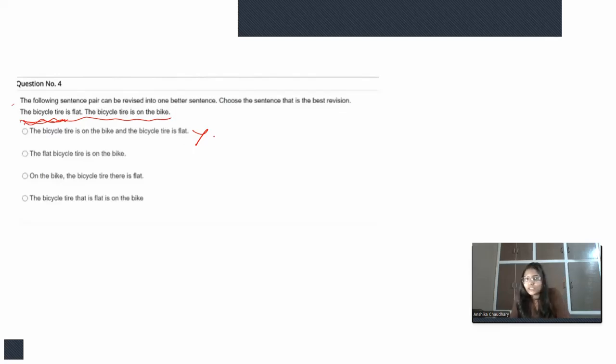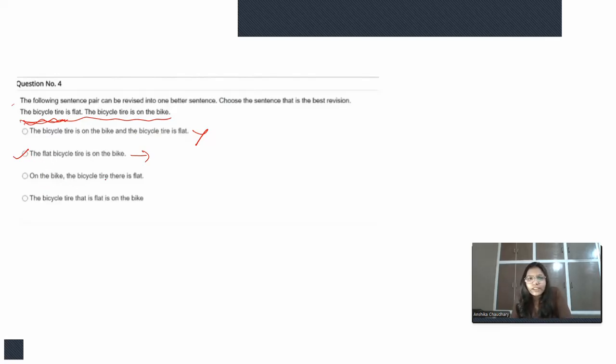The next is, the flat bicycle tire is on the bike. So it is somewhat close to the correct answer. We will mark that we need to check further, right?